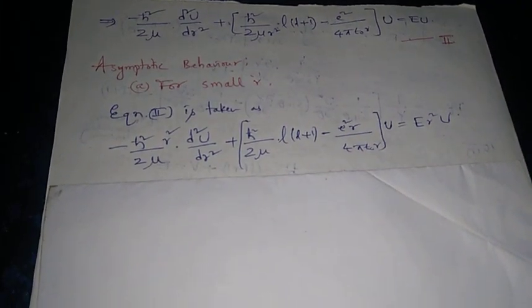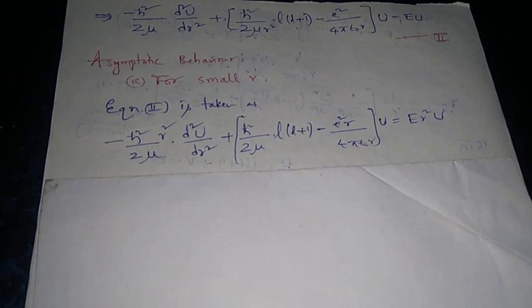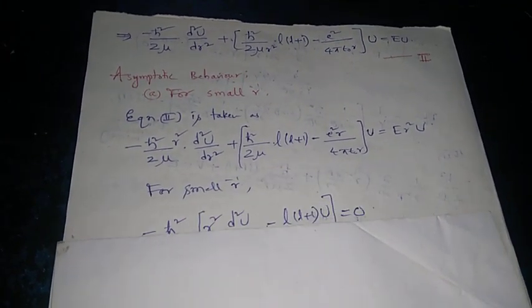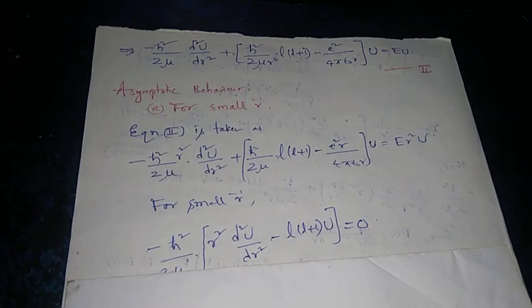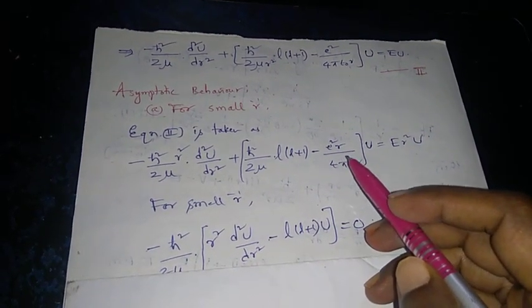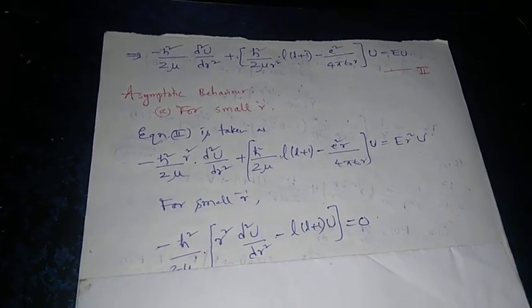For small values of r, if you want to find out how the u function will look, we can multiply equation number 2 by r square on both sides, and we get this. And in the limit of r going to very small numbers, we'll see that this will go to 0, and this also will go to 0.